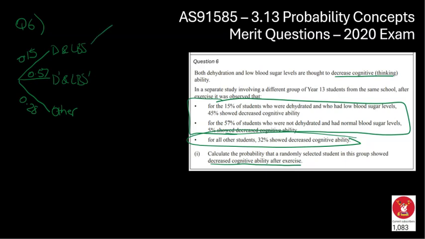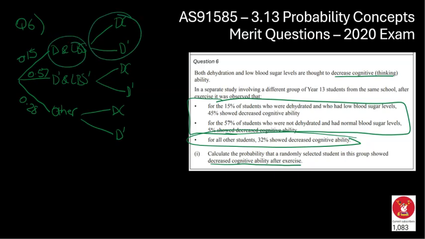For each group, I'm going to call DC decreased cognitive ability, and then this is going to be not decreased, or basically stayed the same, or maybe even increased. So we've got decreased cognitive ability, and then not decreased. And finally, down the bottom, decreased cognitive ability, and then not decreased. Now I need to figure out, based on the previous outcome, what these ones here are going to be, and the question has all that information for us.